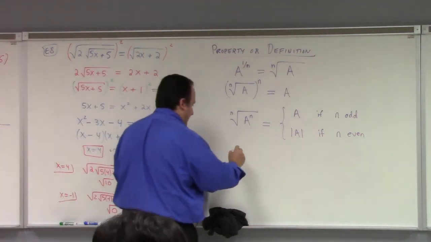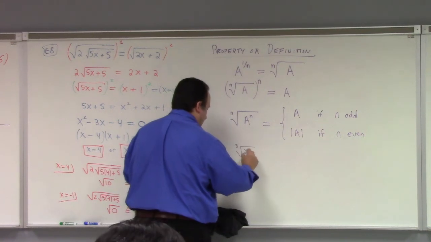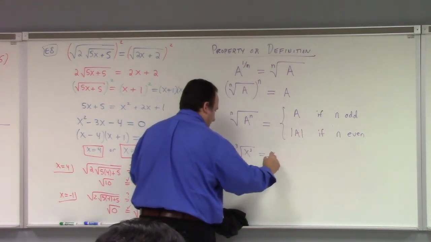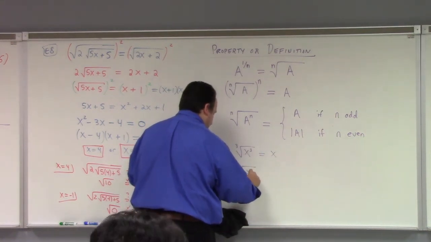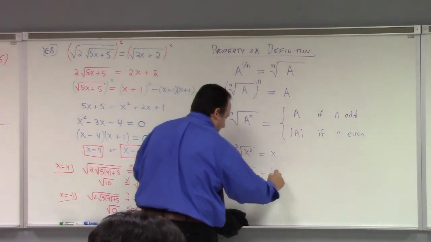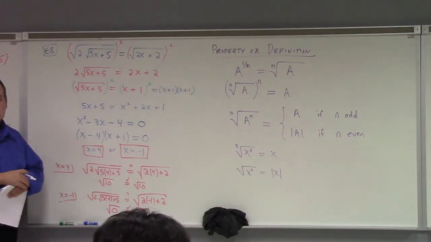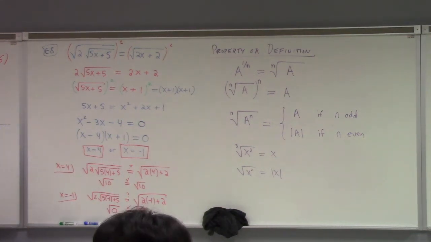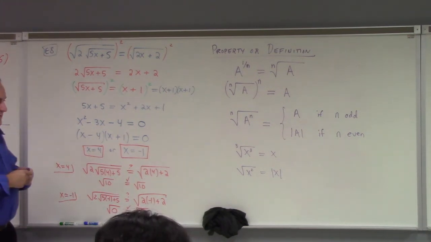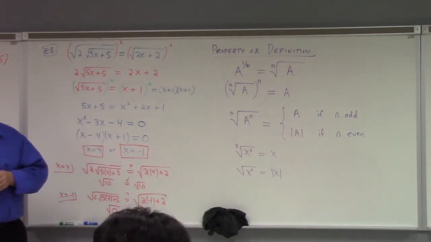As an application, the cube root of x cubed is just x. But the square root of x squared is the absolute value of x. And that's why when we take the square root, we have to put the plus minus.